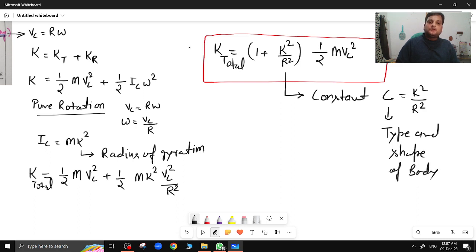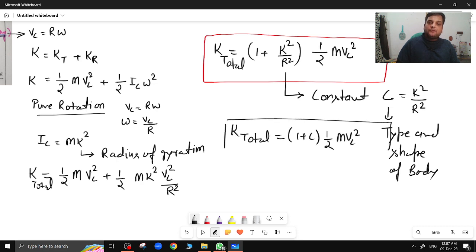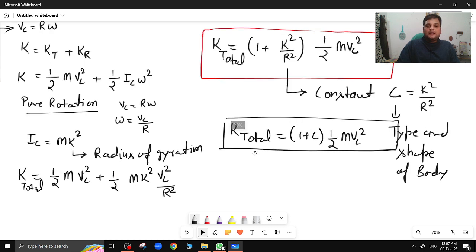Okay, so this formula can be written in one more way: K total is equal to 1 plus C into half m Vc square, right? This is the formula which can be used to find out the total kinetic energy.